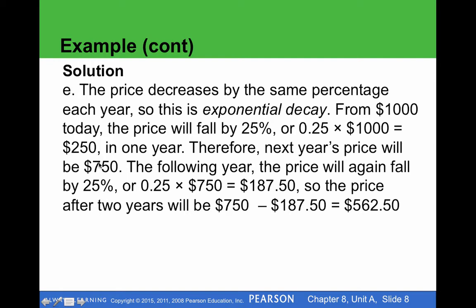Therefore, the next year's price will be 750. Then the following year, the price again will fall by 25%, but it's 25% of 750, not 1,000. So 25% of 750 is 187.50. So the price after 2 years will be 750 minus 187.50, 562.50.